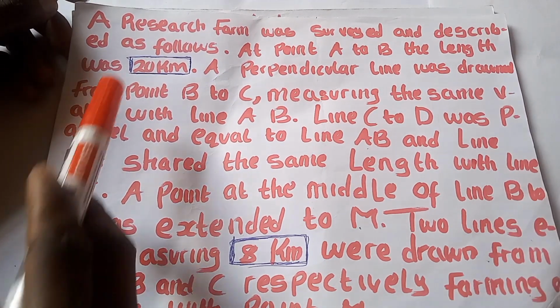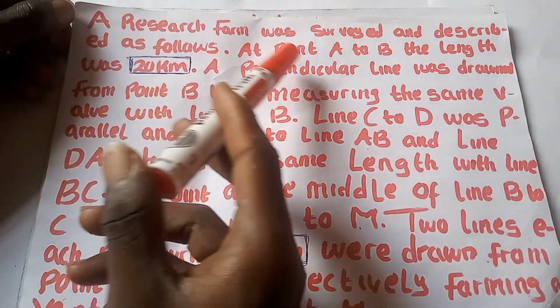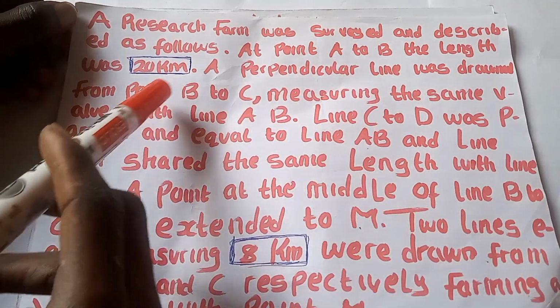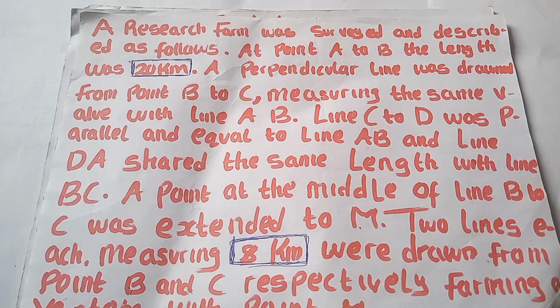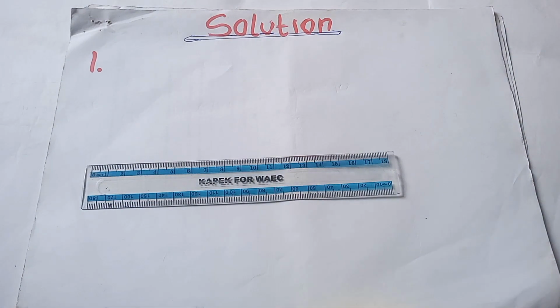Now, let me start. A research farm was surveyed and described as follows. At point A to B, the length was 20 kilometers. So the first thing I'm going to do is draw out my line of 20 kilometers from point A to point B. I have my ruler here.